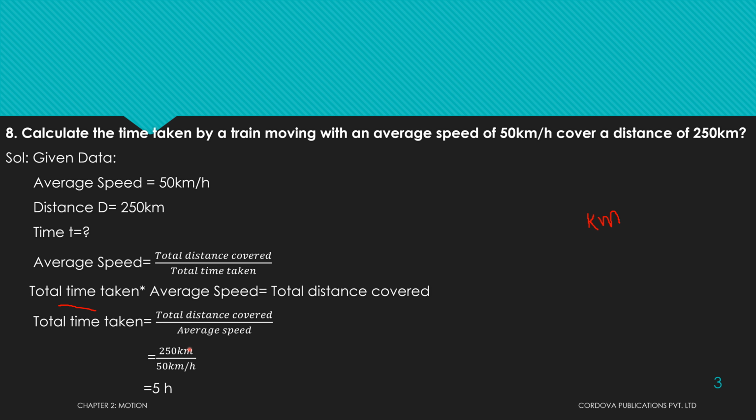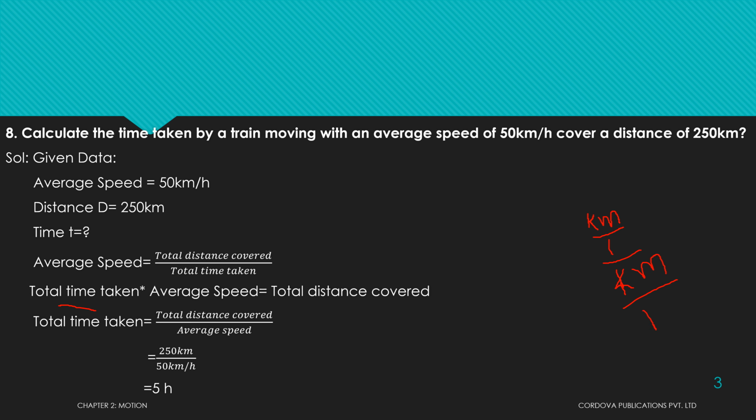Similarly, the unit should be the same, but here it is a fraction, here it is not a fraction. So first of all you need to make this 250 kilometer by 1, and towards the down, I'm just talking about the units, children, 50 kilometer per hour, right?